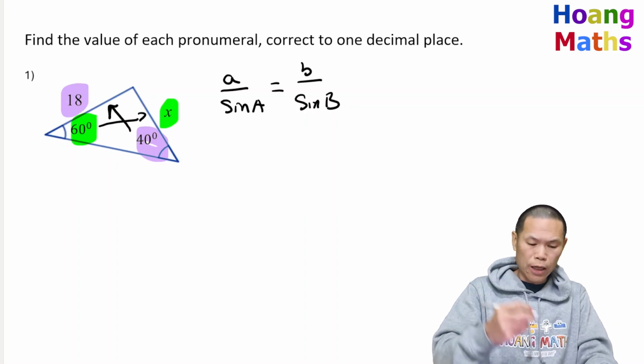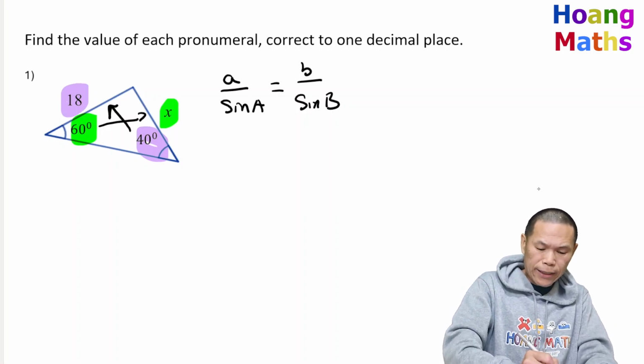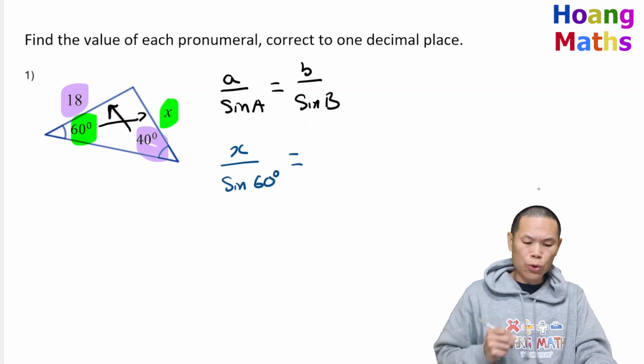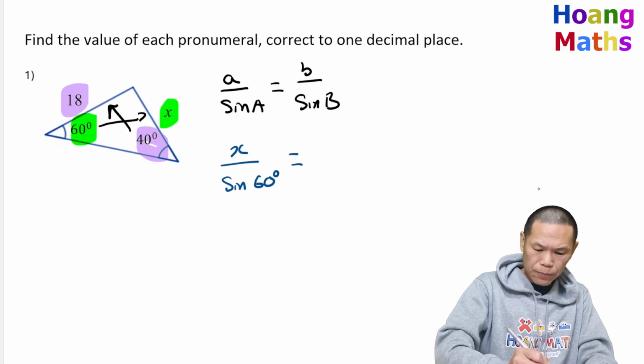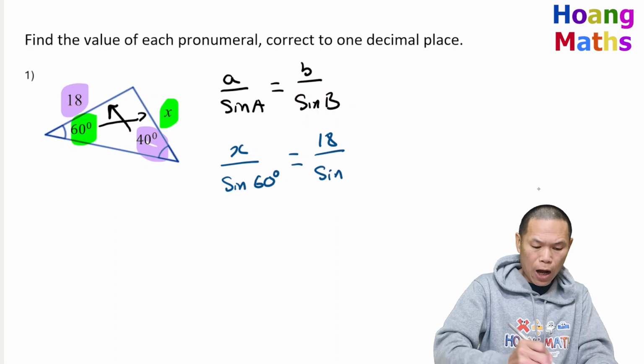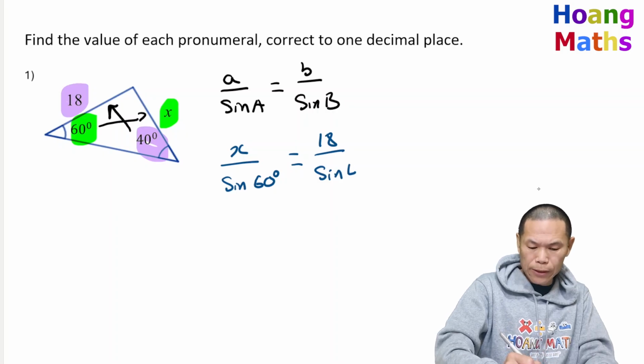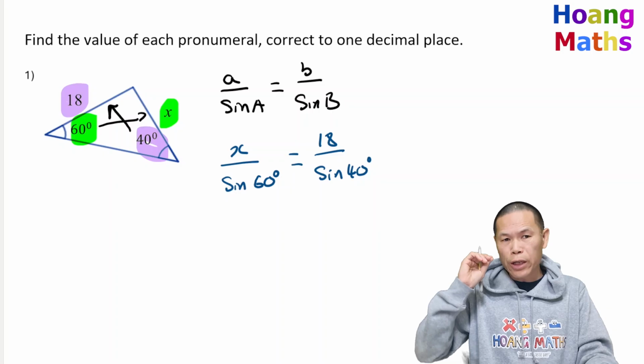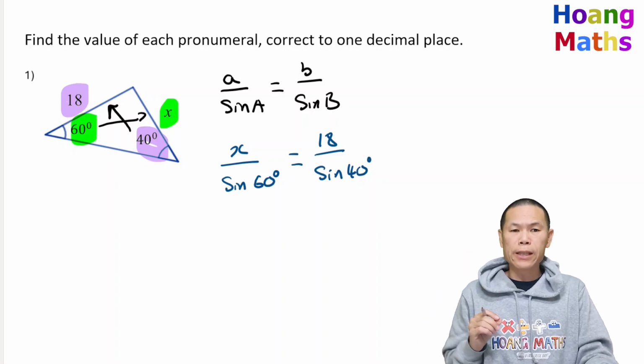So now we just simply write down x first. x over sine of 60 degrees is equal to 18 over sine of 40 degrees. So therefore, to solve for x, we just need to get rid of the sine of 60 degrees.